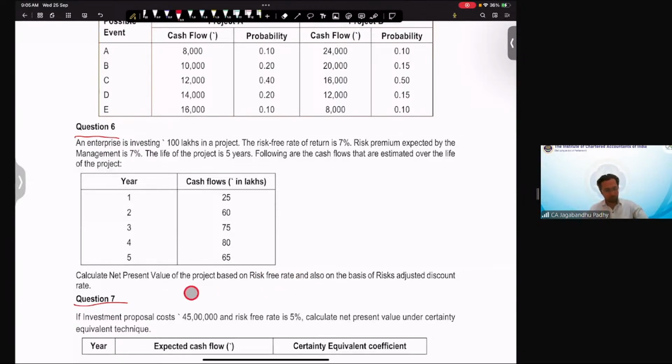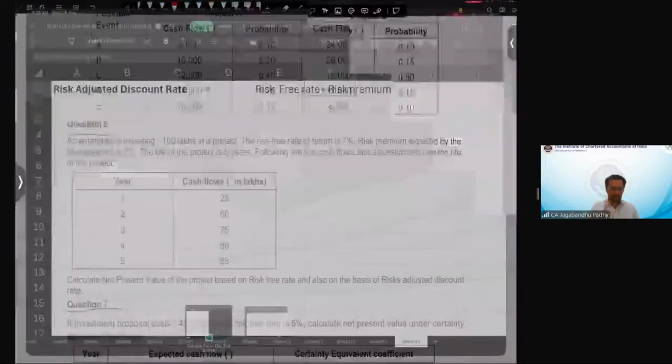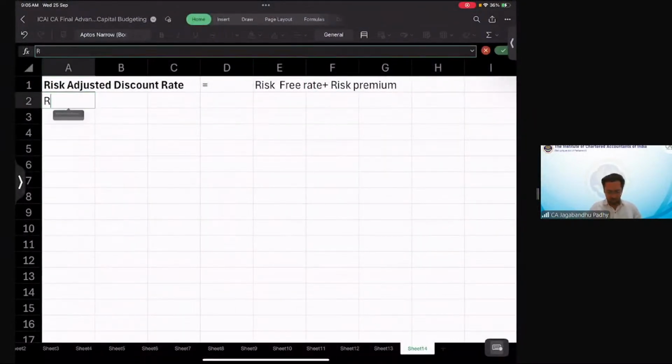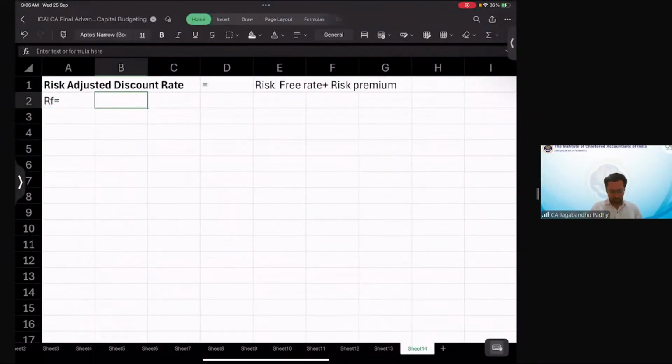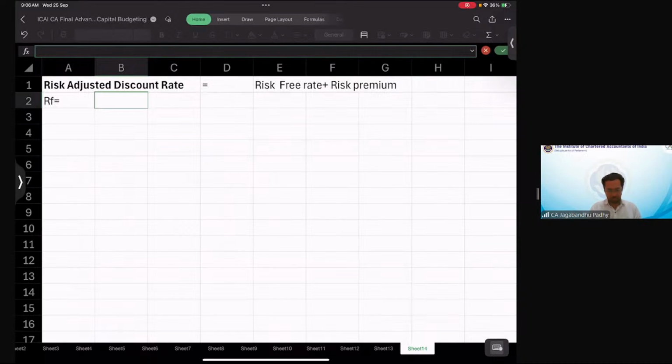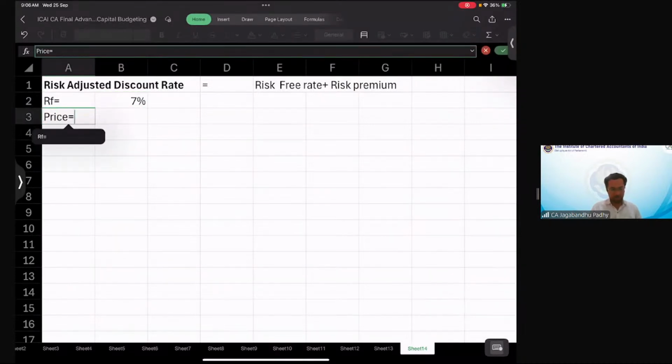Of course, the more appropriate approach is to discount using the risk-adjusted discount rate. So let's simply calculate it. Here we have the risk-free rate as 7%, and the risk premium is again another 7%.